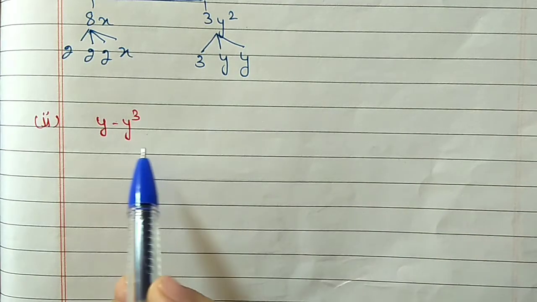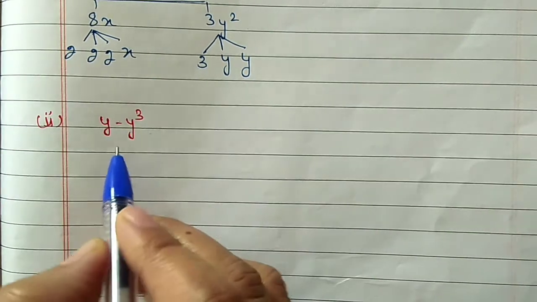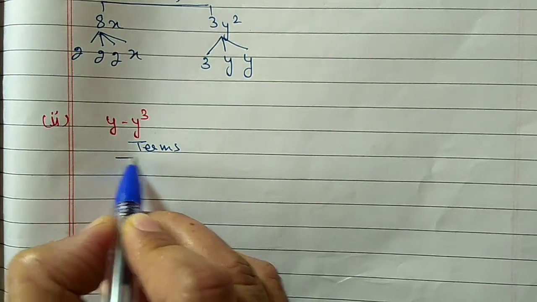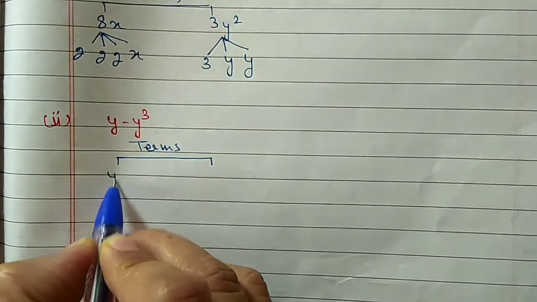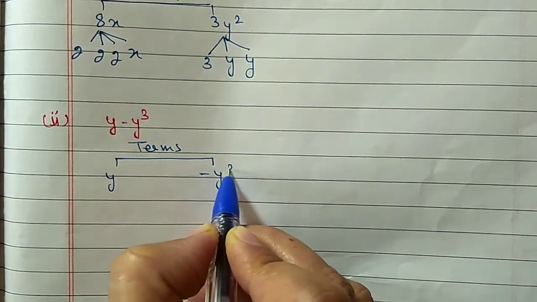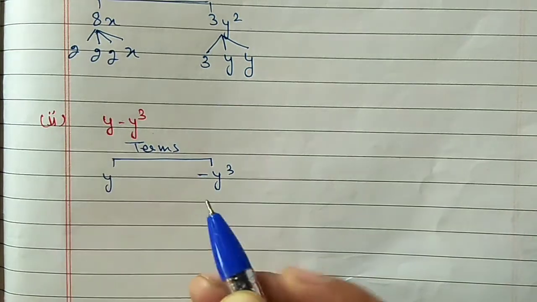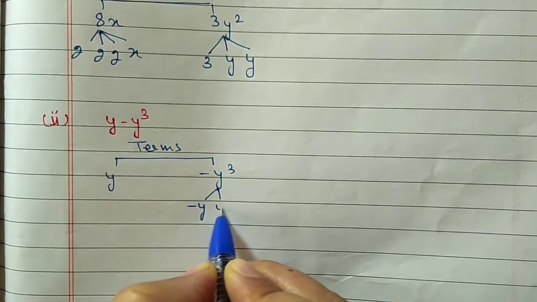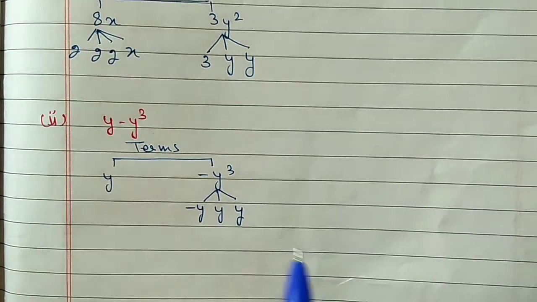Second part, y minus y cube. In this also we have two terms. First is y and second one is minus y cube. So for y, only one factor is there, y, but this y cube you can write as minus y into y into y.